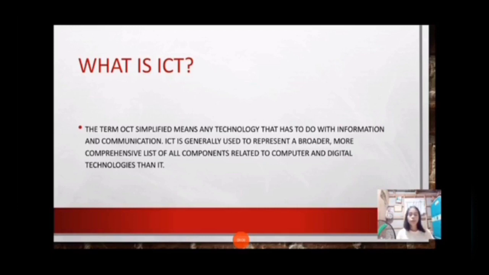So today, the repertoire of technologies expands further to encompass computers. Information can come in many forms, such as sound, video, text, and images. So think of what technology is available that produces these aspects of information.